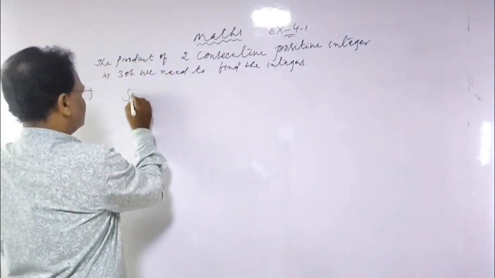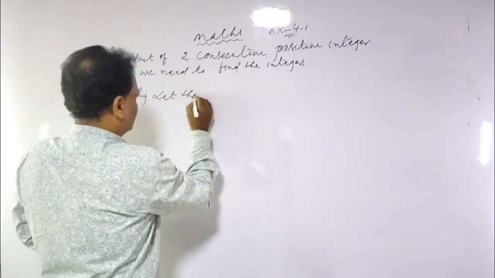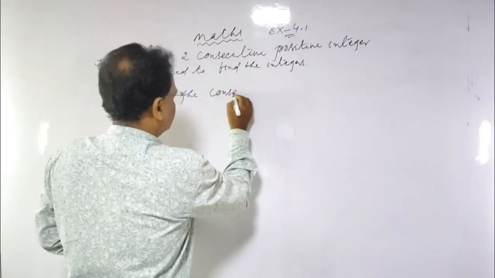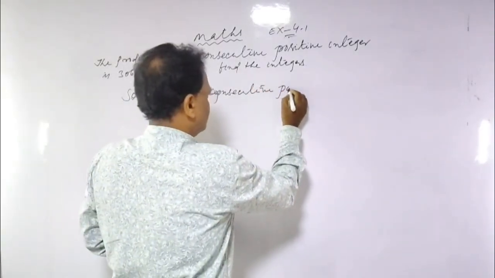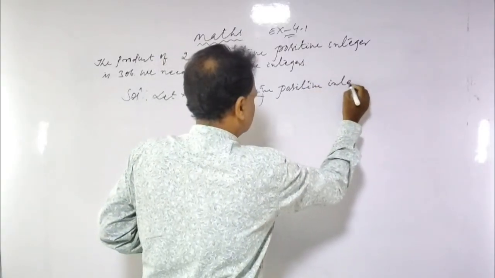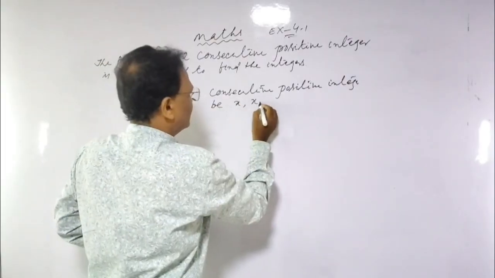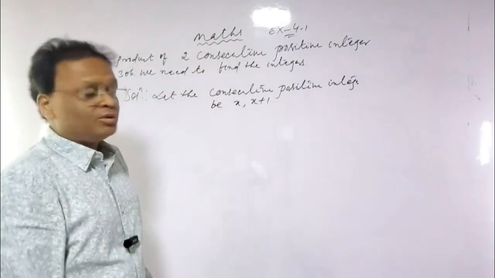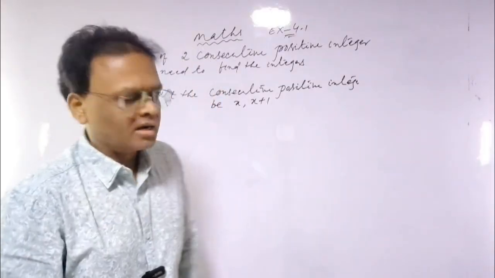So let me do this one. Let the consecutive positive integers be x and x plus 1. I told you, if the first number is x, definitely the second is x plus 1.